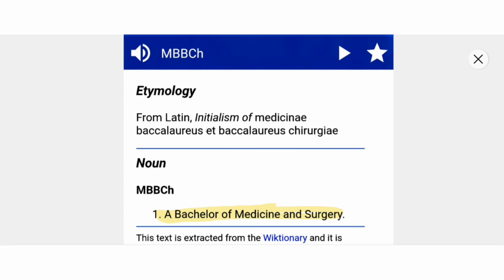which stands for Bachelor of Medicine and Surgery. Another example of courses having different names would be an engineering degree. It can be called Bachelor of Engineering, Bachelor of Engineering in Technology, or Bachelor of Science in Engineering. At different institutions, you will have different names, and in that case, you'll also have to do some further research on what each of those names means and what each course entails.